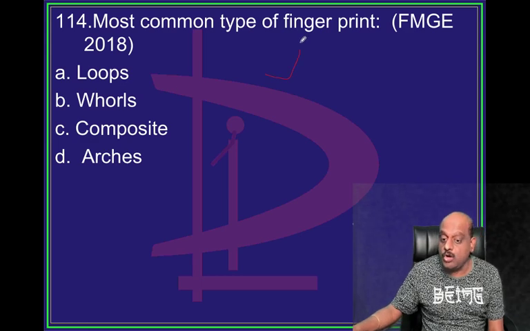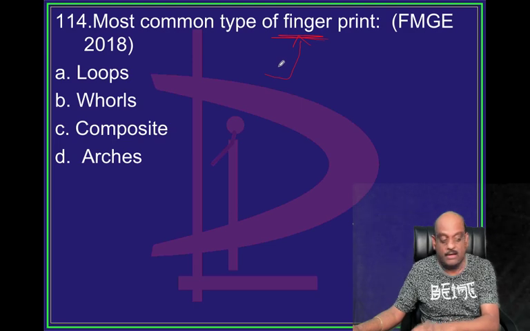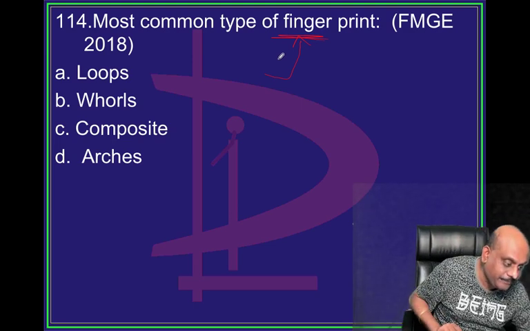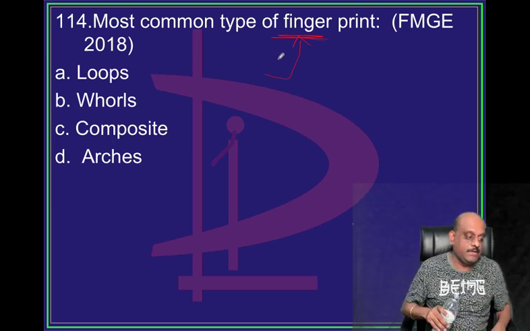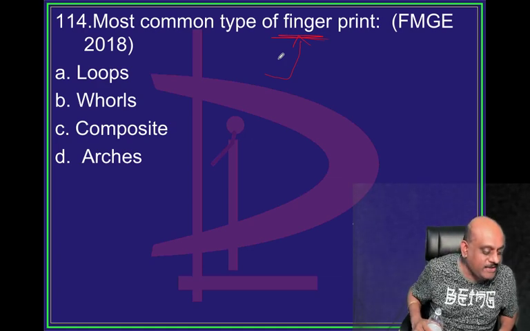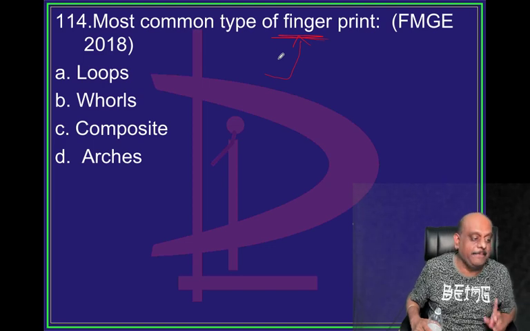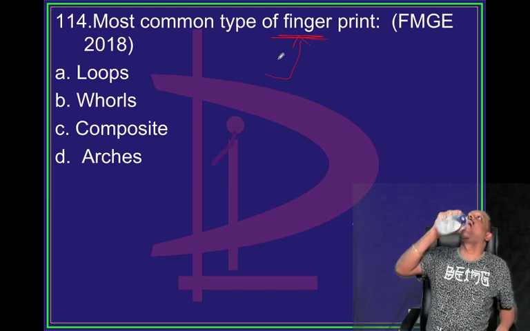What is the most common type of fingerprint? This is such a routine question. Come on, punch your answers, doctor. Arun Babu, did you get access to the entire video library with the 3-day complimentary pass? Are you happy?